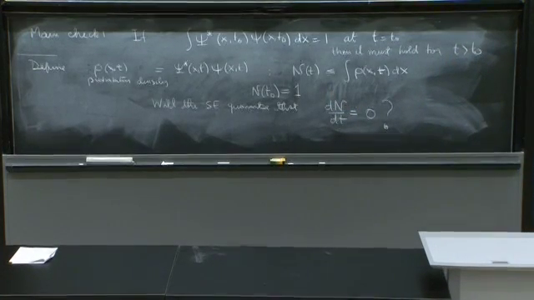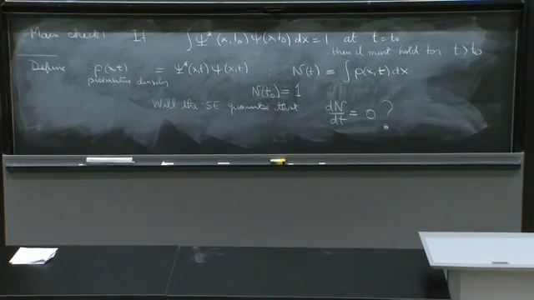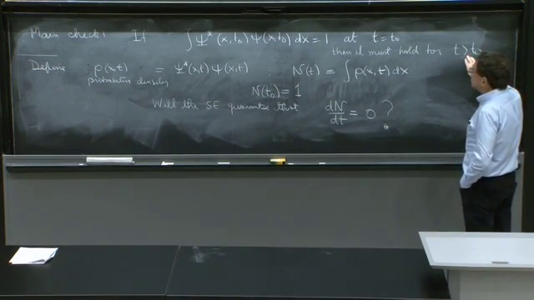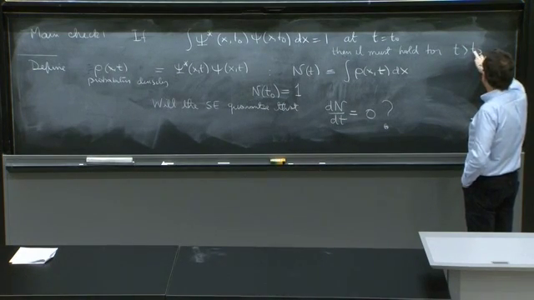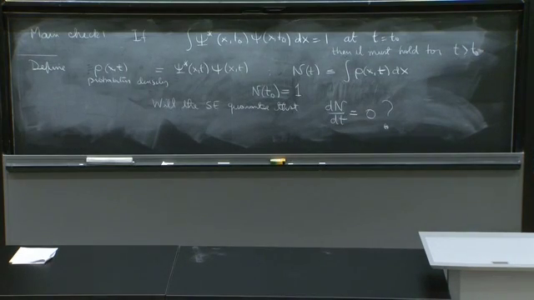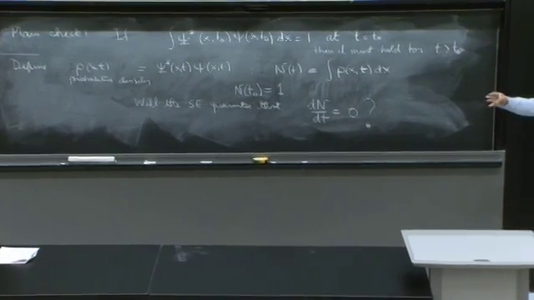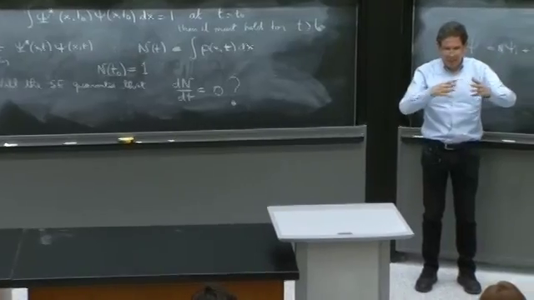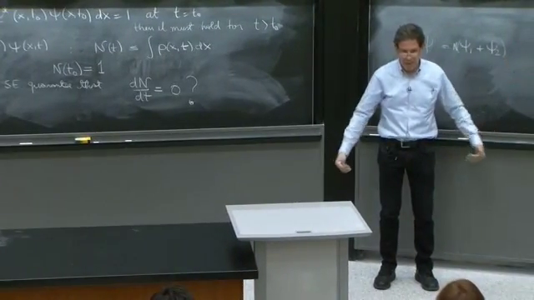Yes? May I ask why you specify for t greater than t naught? Well, I don't have to specify for t greater than t naught. I could do it for all t different than t naught, but I say it this way, as imagining that somebody prepares the system at some time t naught, and maybe the system didn't exist for other times below.